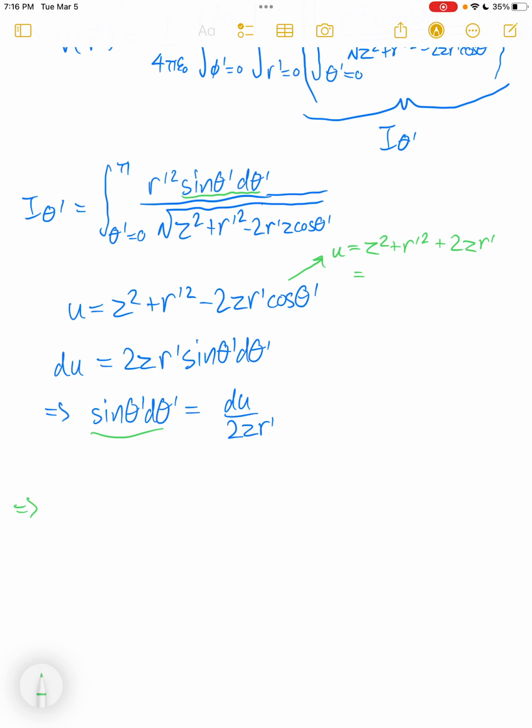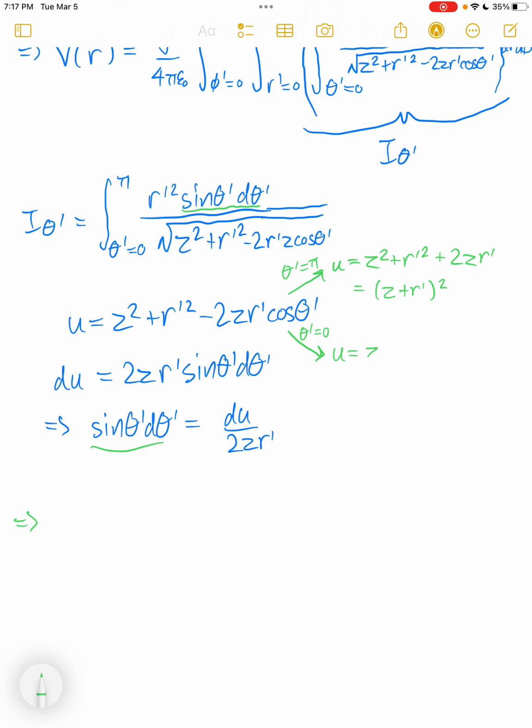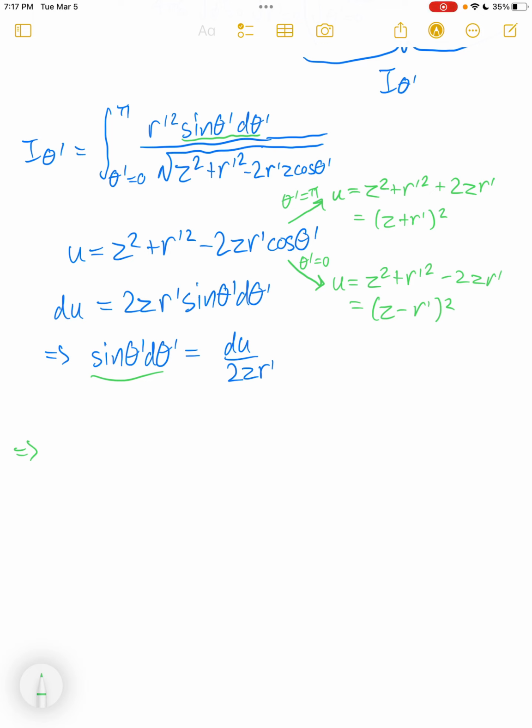And this actually can just be rewritten as z plus r prime squared. When theta prime is equal to 0, it's the lower bound of integration, u is equal to, and my bad for saying theta, it's theta prime, and this is just z minus r prime squared.